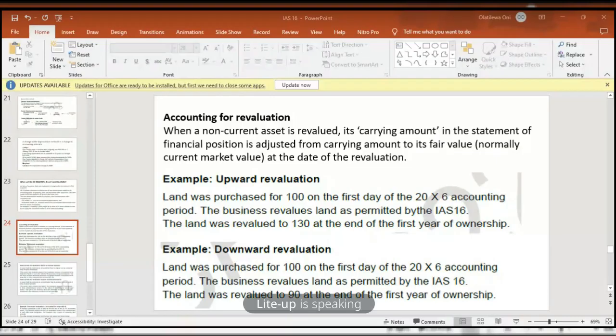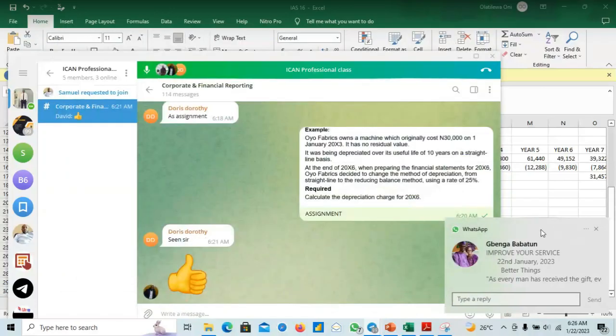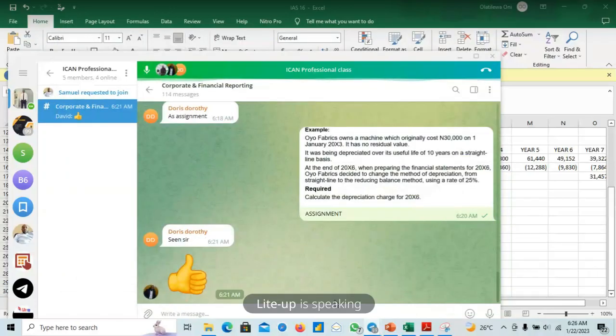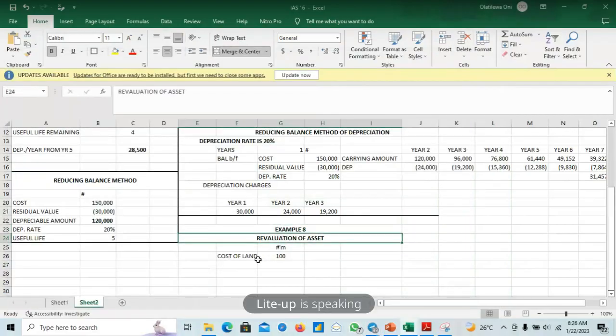Let me share the entire screen. So we want to do the example here. So this is the land. Example 8, revaluation model, cost of land 100 million.